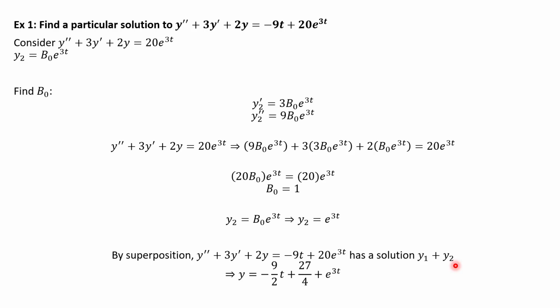Putting those together, our final solution is y equals -9/2 t plus 27/4 plus e to the 3t. And if you weren't sure, you can always check by differentiating this twice and plugging back into the original: y double prime here, y prime here, and our answer y right here, and seeing if you get what we have on the right side.